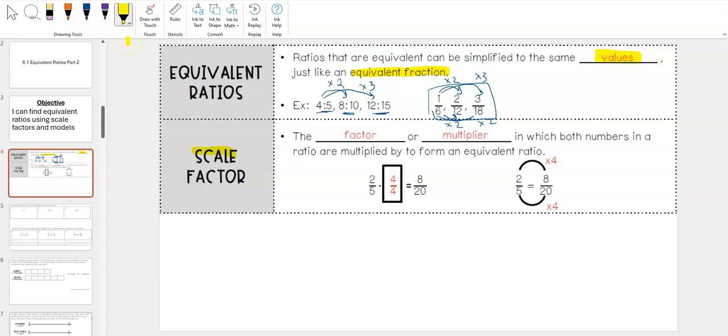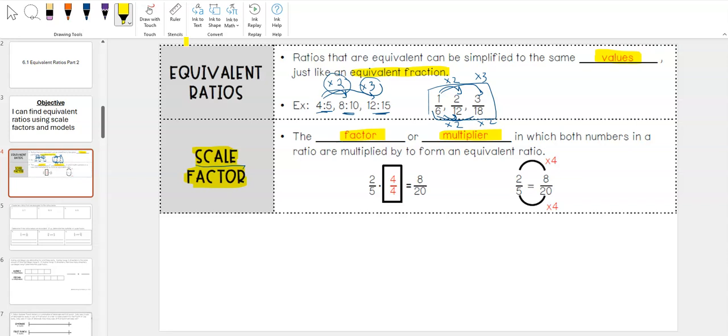Now, this next word, scale factor, is very special to ratios. You may not have heard of it before, but you may have heard of a scale model or a scale drawing or this item not to scale. This is the scale they're talking about. And the scale that they're talking about is basically this right here. Whatever number or factor that you are multiplying by.